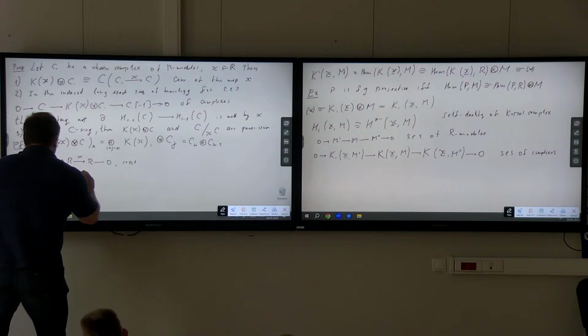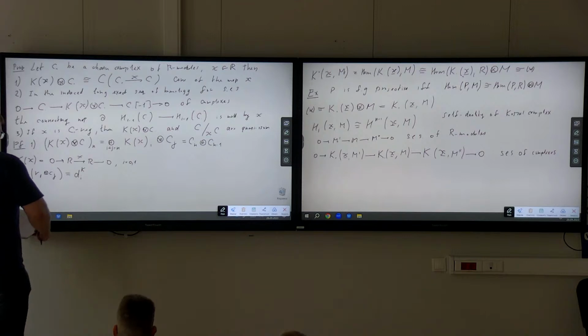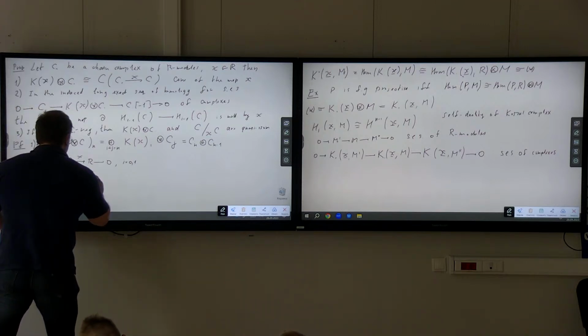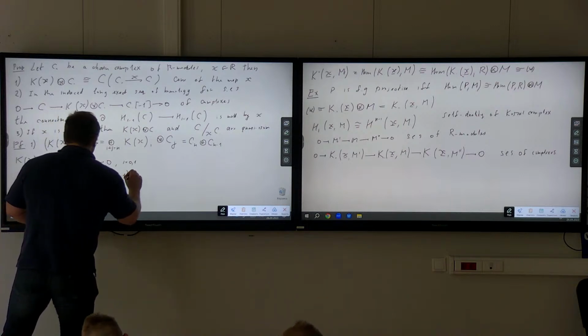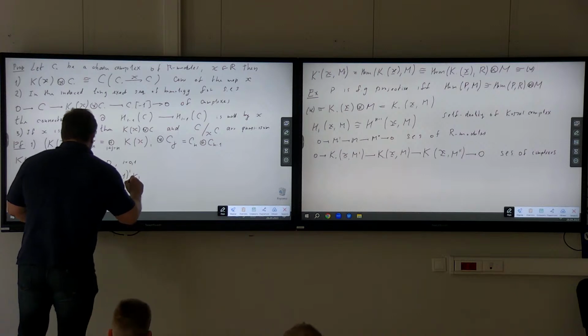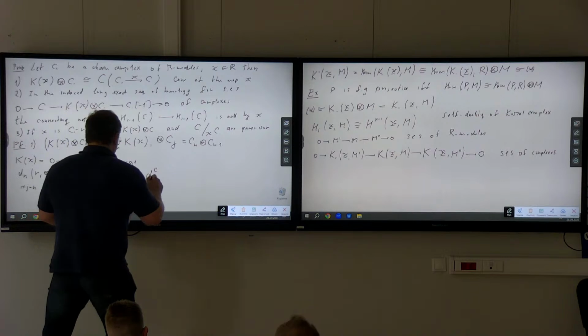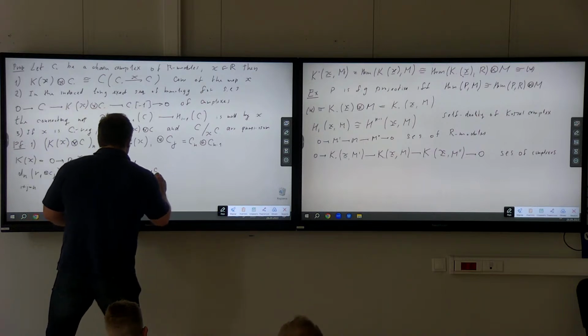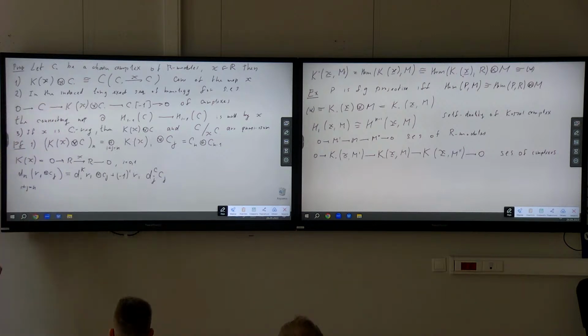I take di for the first complex, which I'm going to call dK to indicate Koszul, applied to Ri, tensor Cj, plus minus 1 to the i, Ri tensor d of Cj, where now d is the differential of the complex C, which I write as dC with index j. That's the standard definition of the differential on the tensor product of two complexes.